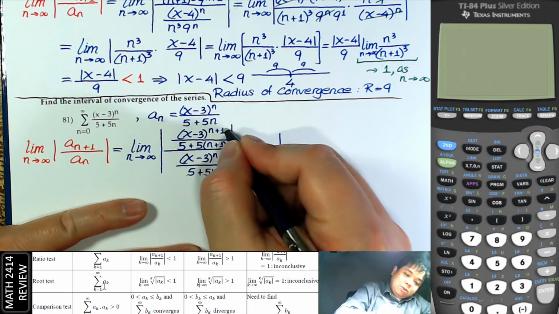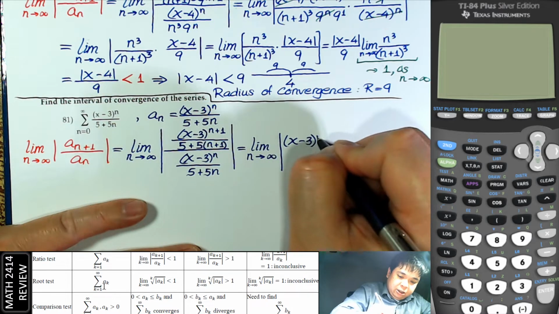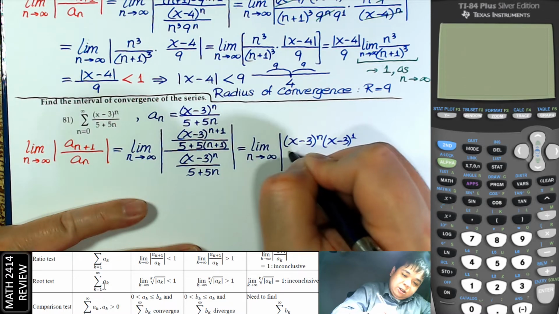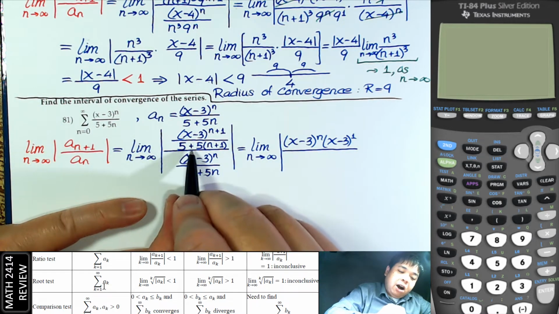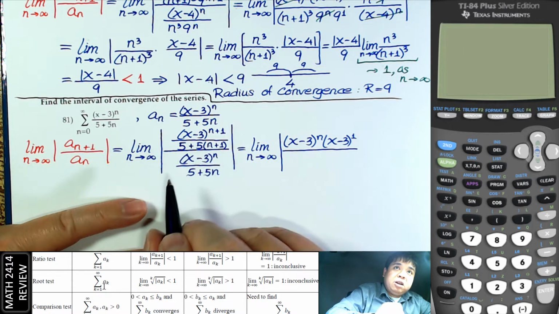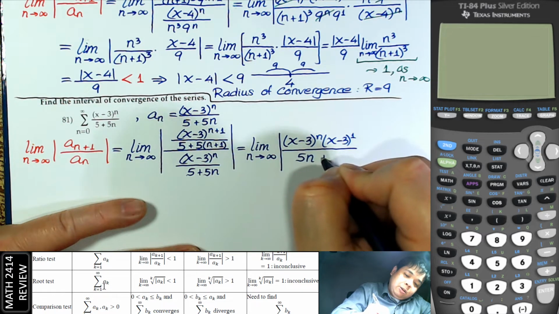And we write (x minus 3) to the n plus 1 as (x minus 3) to the n times (x minus 3) to the first. And at the bottom, 5 plus 5 times (n plus 1) gives us 5n plus 5, so we can say 5n plus 10.